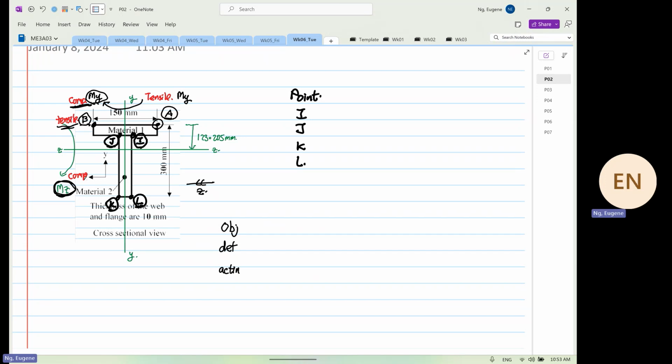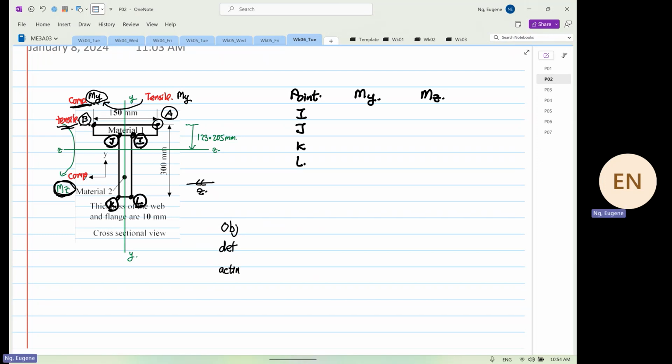Then we look at moment about Y, and then we look at moment about Z. Can you fill this up and tell me how to fill this up?